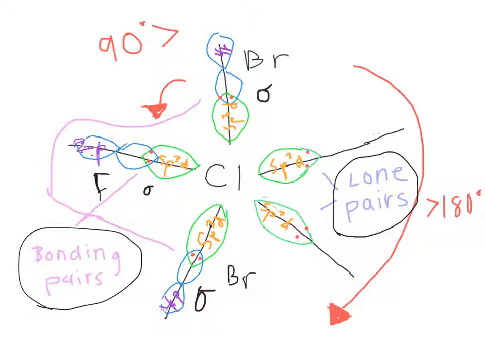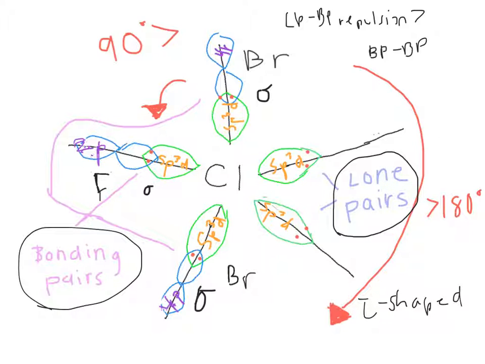In addition, we can see that the angle between the Br and the Br is greater than 180 degrees, and this is due to the LP-BP repulsion being greater than BP-BP repulsion, and so this causes the angle to be bent towards the F. We can also see that the Br to F angle is less than 90 degrees. Once again, this represents the T-shaped geometry of this compound.